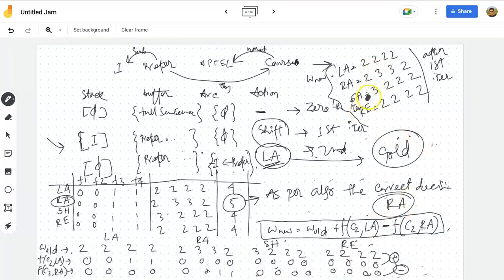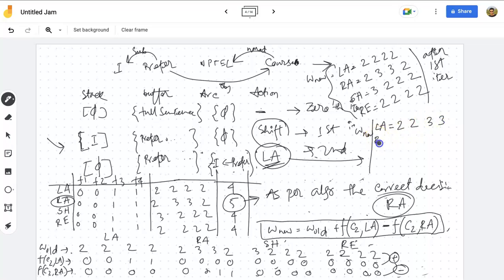So what will be your new updated weight? Just write it here only. So W new left arc. What is the left arc? Just add the first two and subtract the last row. So basically it will be 2 2 3 3.